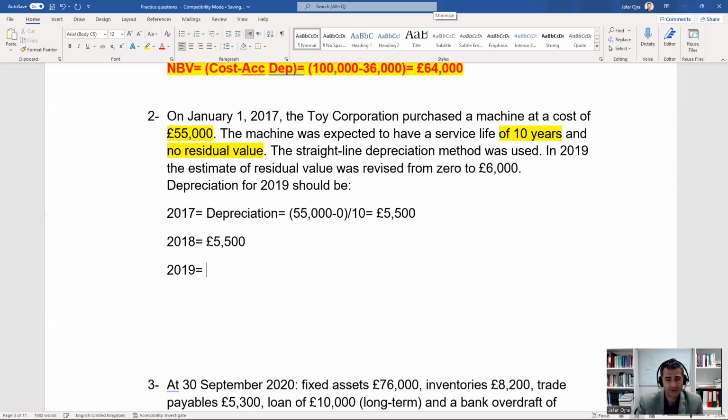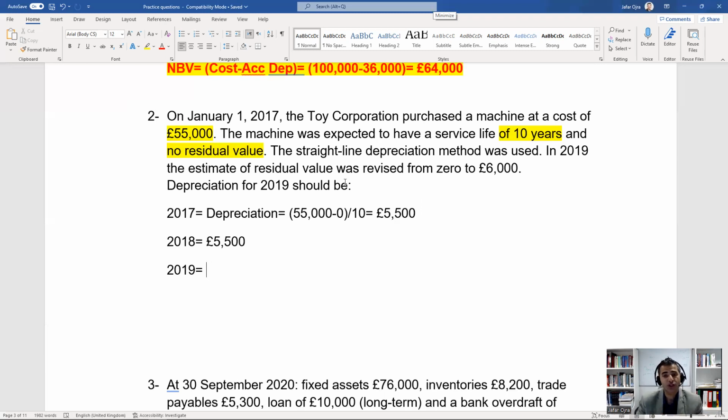We revised the residual value. Instead of 0, now it's £6,000. Since we revised the residual value, we need to calculate a new depreciation. We know 2017 is 5,500 and 2018 is 5,500. That's clear. But in 2019, we need to calculate a new depreciation.